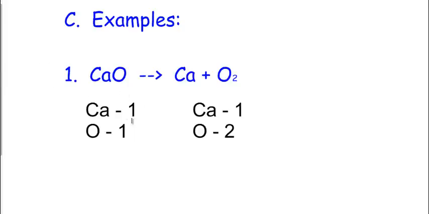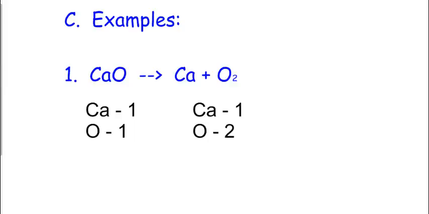If calcium's on this side 1 and this side 1, they're already equal. However, my oxygen on this side is 1, and my oxygen on this side is 2. Since they're not equal, I need to use a coefficient to equal them out. That coefficient is going to go in front of whatever substance my oxygen's a part of, which in this case is a compound.